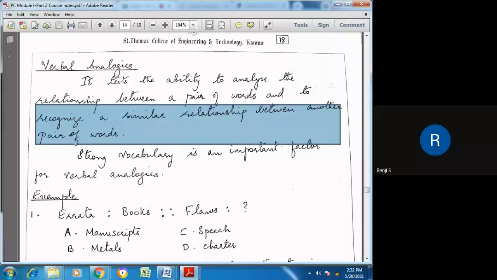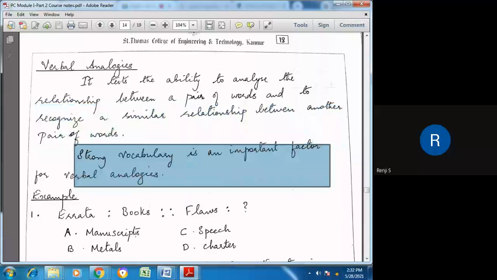You need a strong knowledge of words and their meanings to do verbal analogies. For competitive exams, this question is often asked. Synonyms, antonyms, verbal analogies, they are all asked as objective questions for clearing aptitude tests.